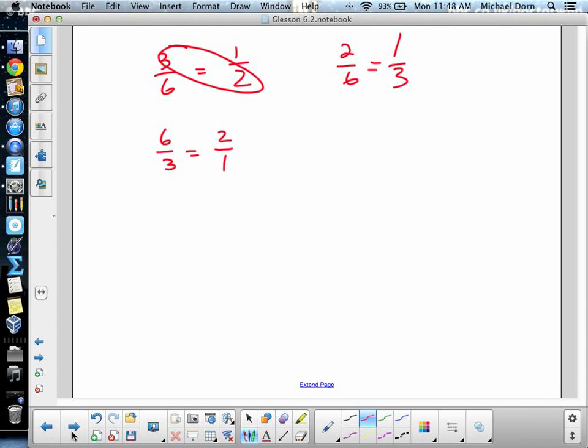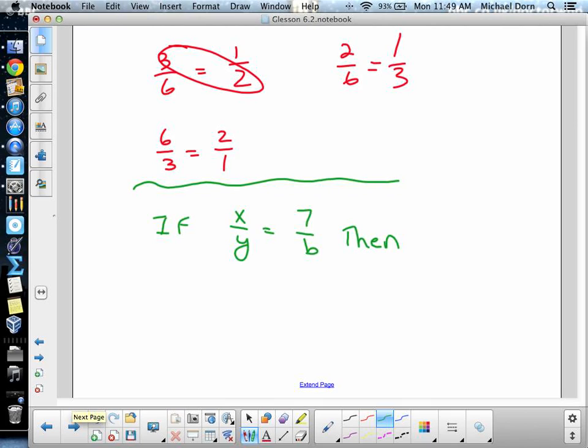And quite frankly, a lot of your homework today is going to look like this. You have plenty of problems that are going to say, okay, if x over y equals 7 over b, then, and they'll give you something. x over 7 equals what? Well, what did I do? The x stayed put, the 7 flipped down over here. So if the 7 flips down over here, where does y have to go?